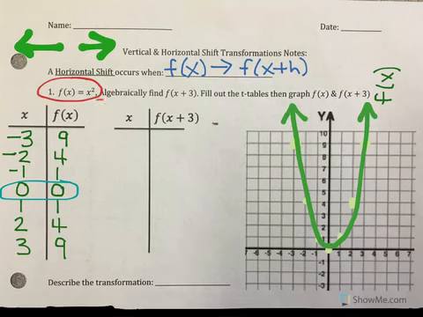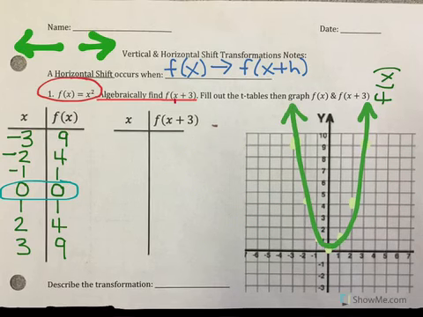Now for the next part, it says algebraically find f of x plus 3. So we can't just type in f of x plus 3 into the graphing calculator. What we have to remember is that this stems from function notation, and so this concept inside of the parentheses, this x plus 3, that is the x value.